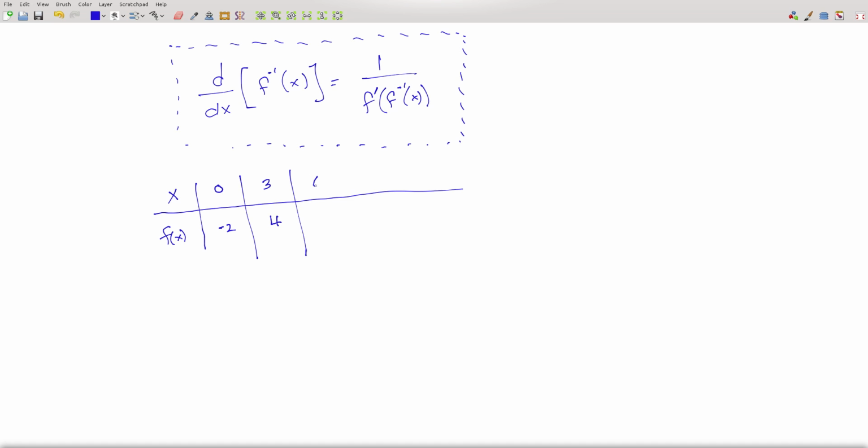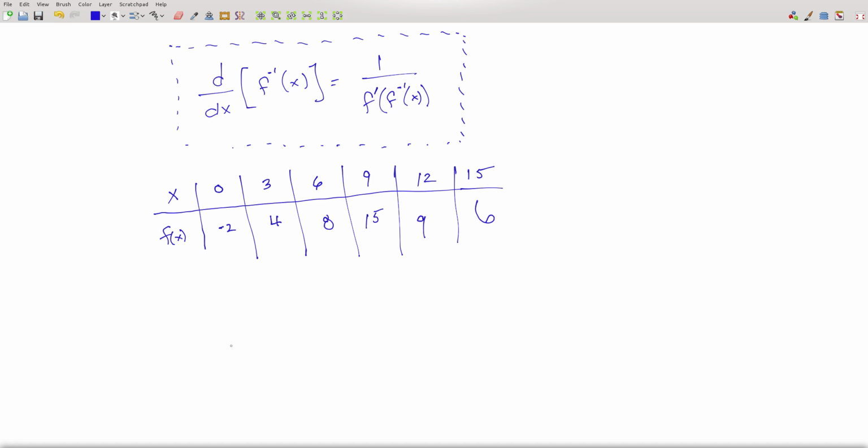When x is 6, f of x is 8. When x is 9, f of x is 15. When x is 12, f of x is 9. And when x is 15, f of x is 6.